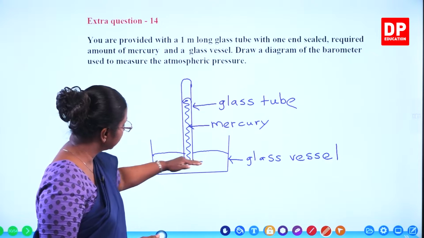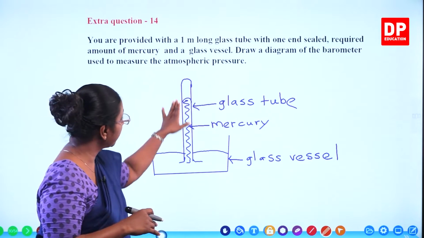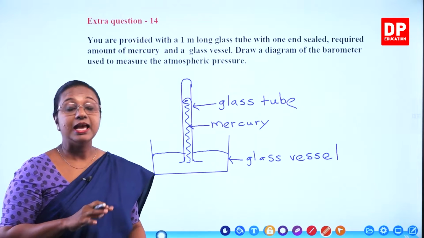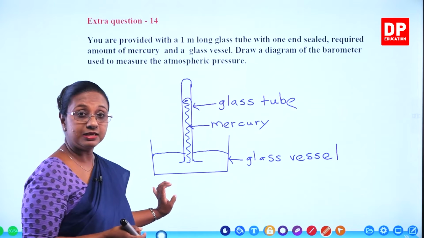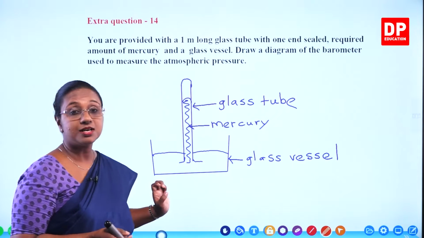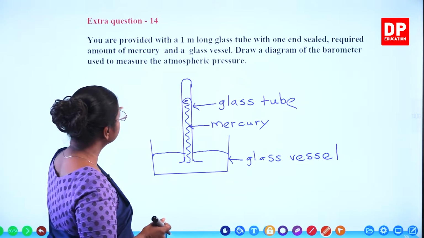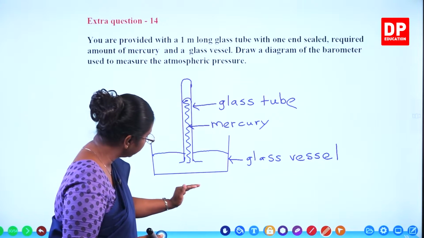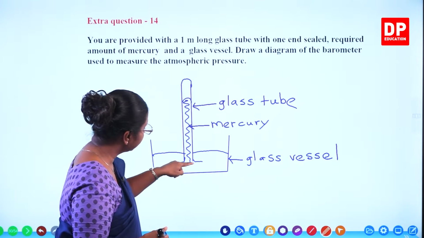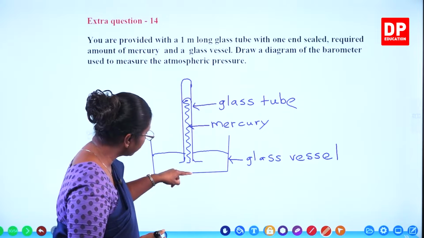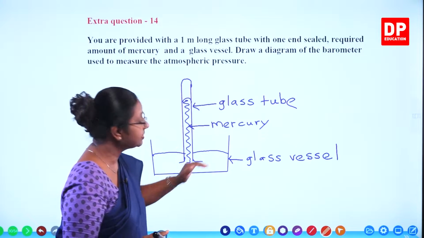We need to fill mercury up to the brim of the glass tube so that there are no gas bubbles inside it, and then you invert it and insert it into the mercury that is there inside the glass vessel. Then you stand it or attach it to a stand. It doesn't matter whether the glass tube is touching the bottom or slightly up, but it has to be below this mercury level.